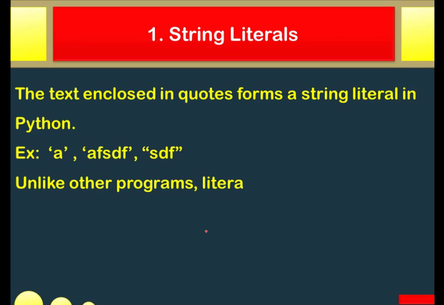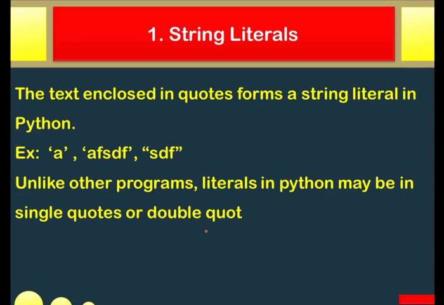Examples: a within single quotes, a string within single quotes, a string within double quotes. So you can see here, this is single quotes, and double quotes. Okay, so these we call literals.